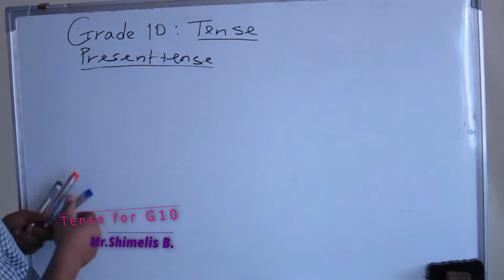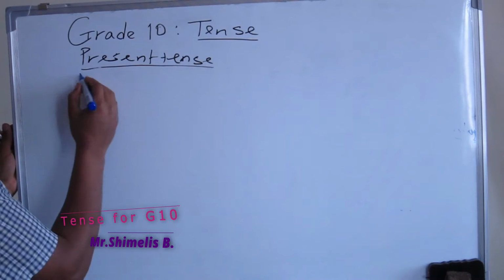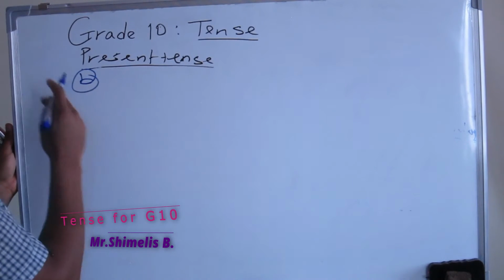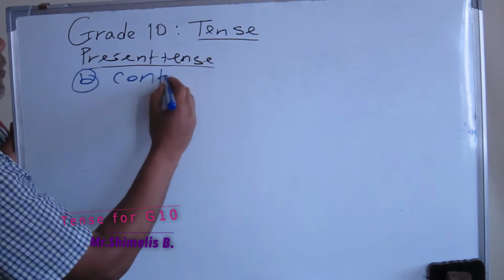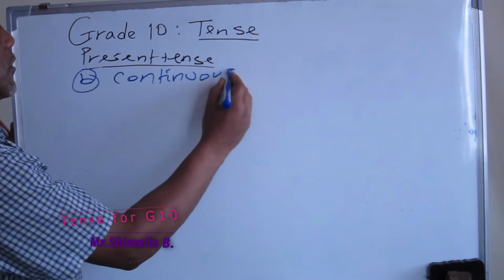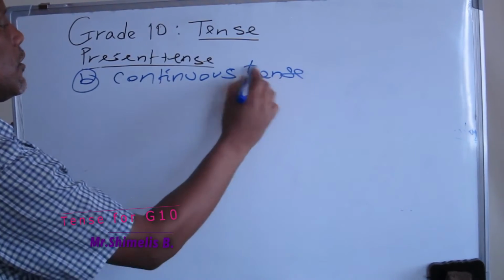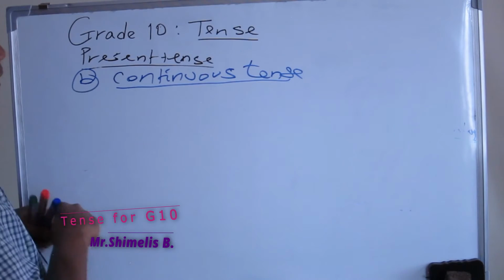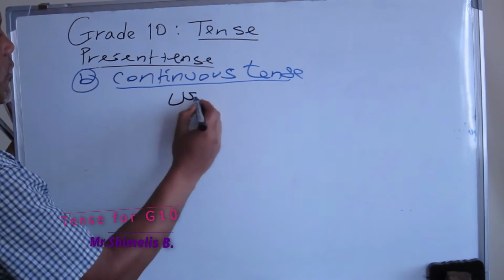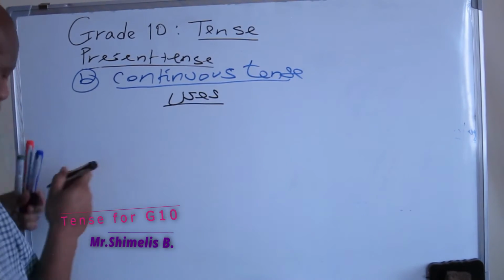These are the points which we are going to see. That's the second type of present tense, continuous tense. So let's see the uses of present continuous tense.